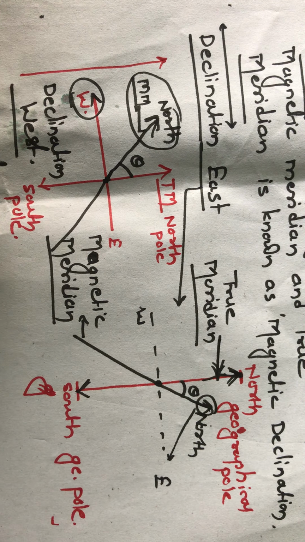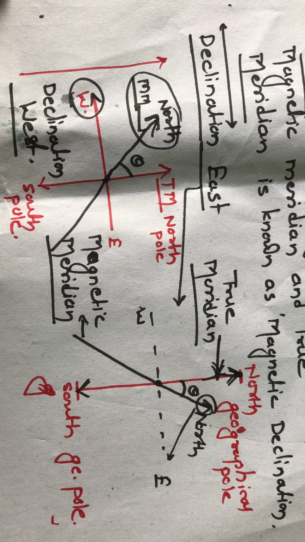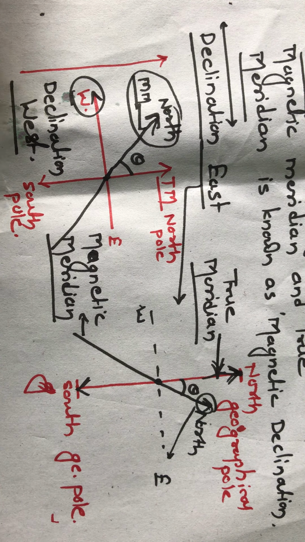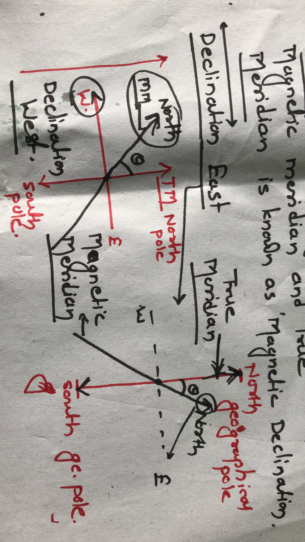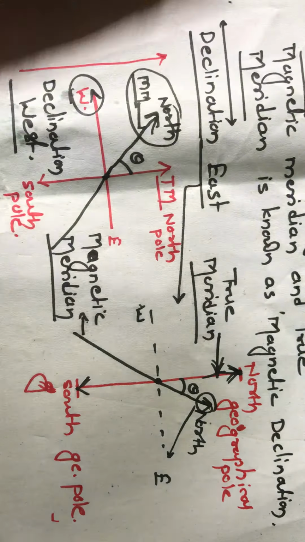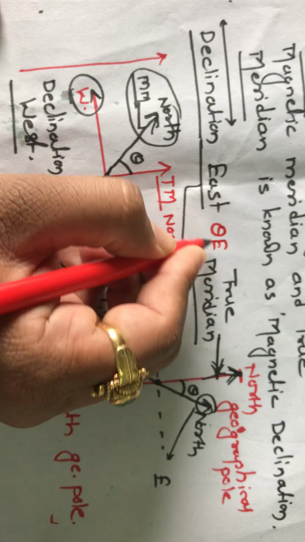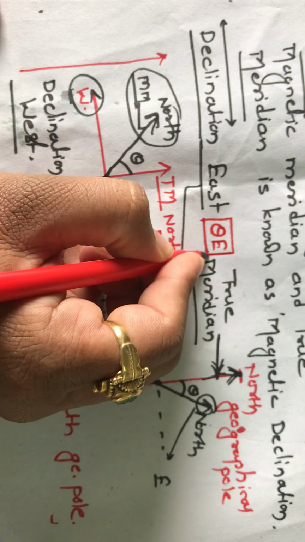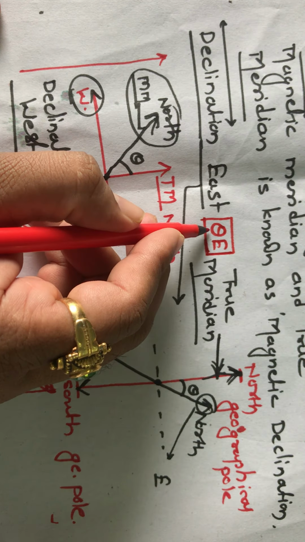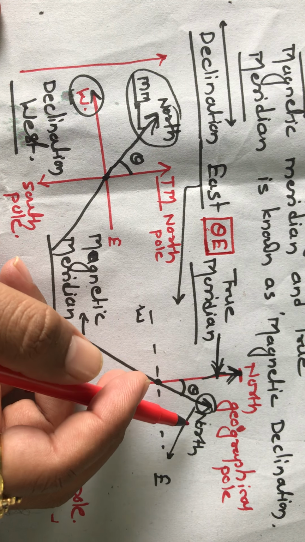So this is about the magnetic declination. Is it clear to you? We have two terms. Declination towards the east we refer to as theta e, that means the declination angle is theta and the magnetic meridian is towards the east.